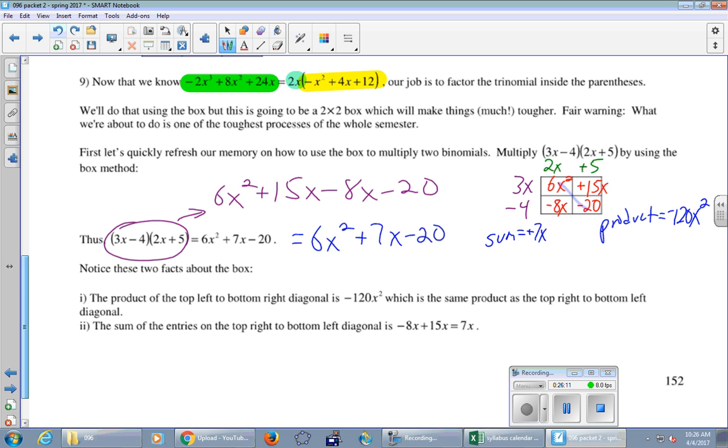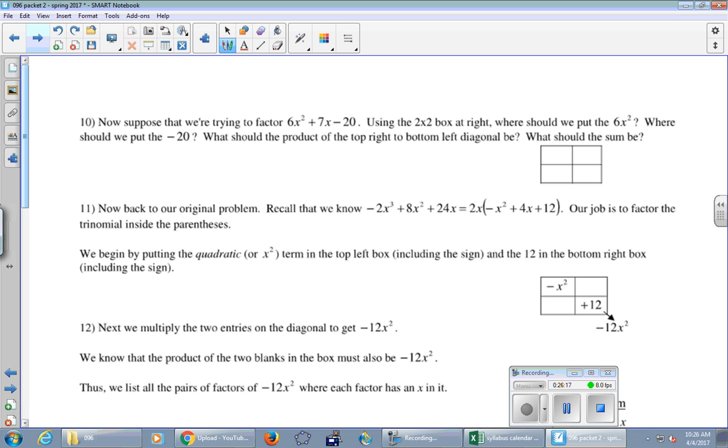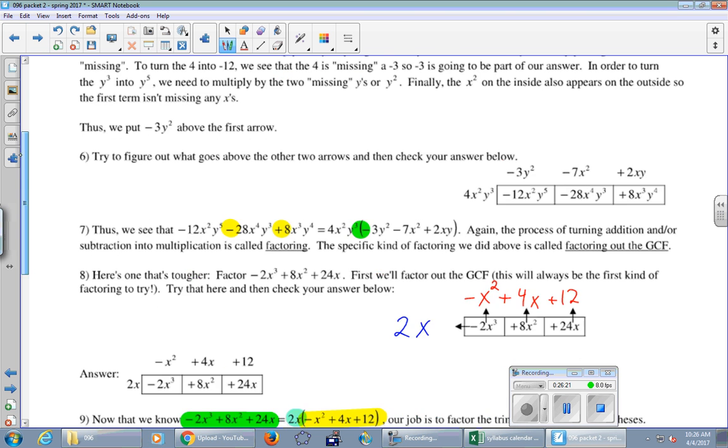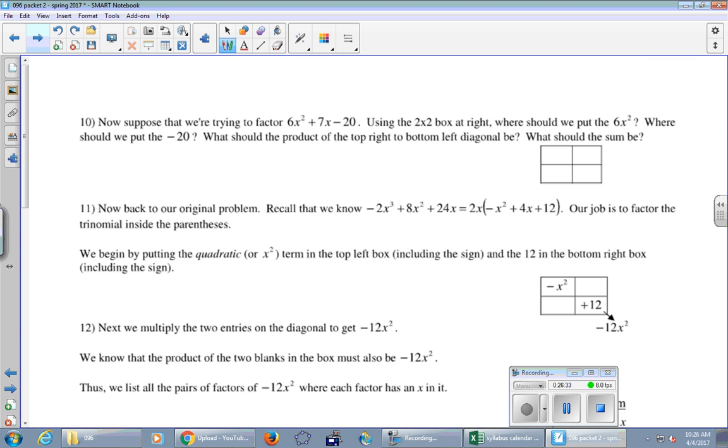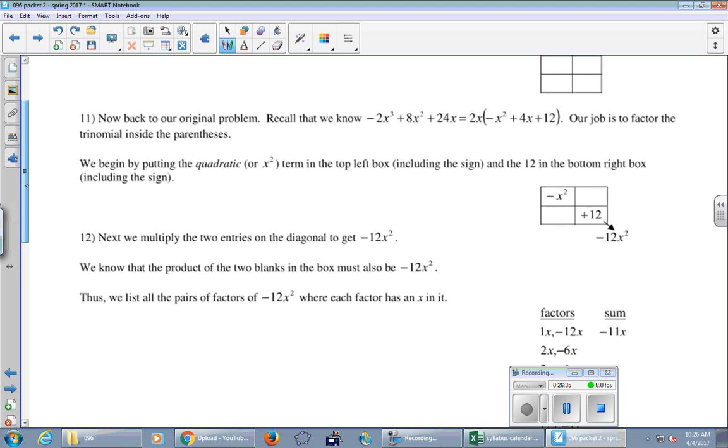And I'm also telling you that 7x is the sum of this diagonal, right? All right, let's see if we can put it together. Yes? The product is equal to negative 120x squared. Yeah. Okay. All right, here we go.